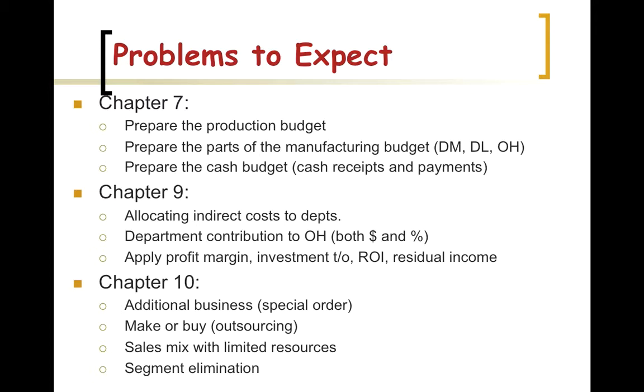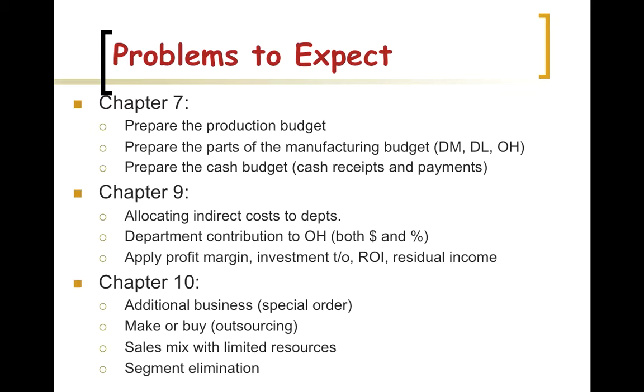I will also ask you to complete the department contribution to overhead, both in dollars and in percentages. And then the last problem you will have will be for evaluating investment centers. So you will have to use ratios such as profit margin, investment turnover, return on investment, as well as the residual income.